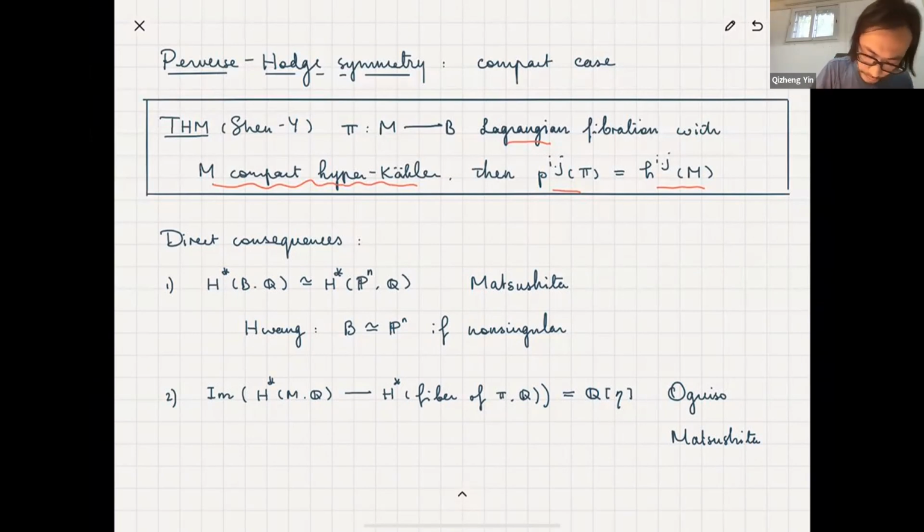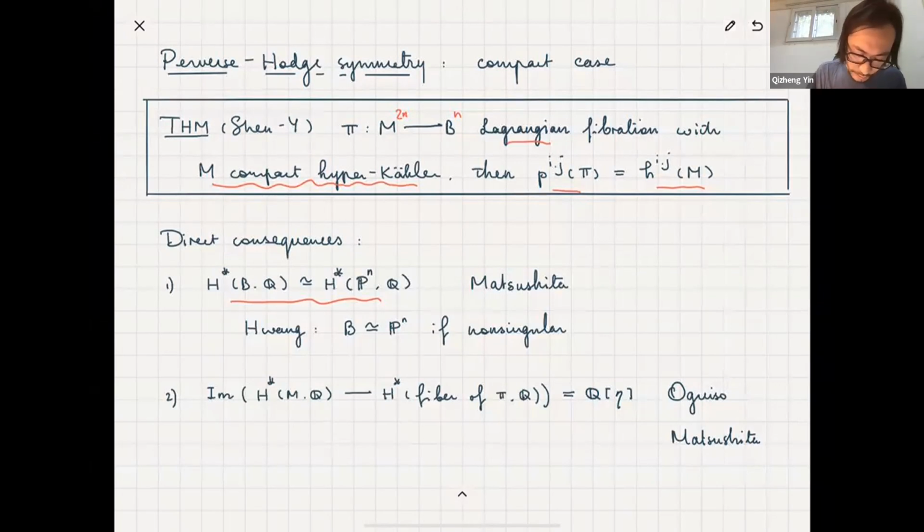So if M is 2n-dimensional and B is n-dimensional, then the cohomology of B is the same as the cohomology of the projective space P^n. And this result does not use any assumption on B, except that it's normal. Of course, there's this famous result, by Professor Huang, saying that if you know that B is smooth, then B is the projective space P^n.